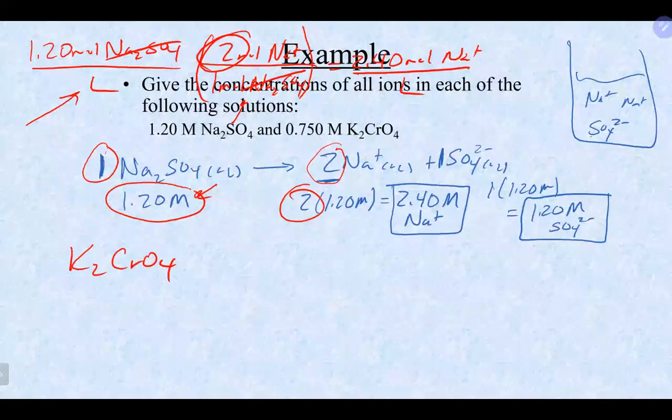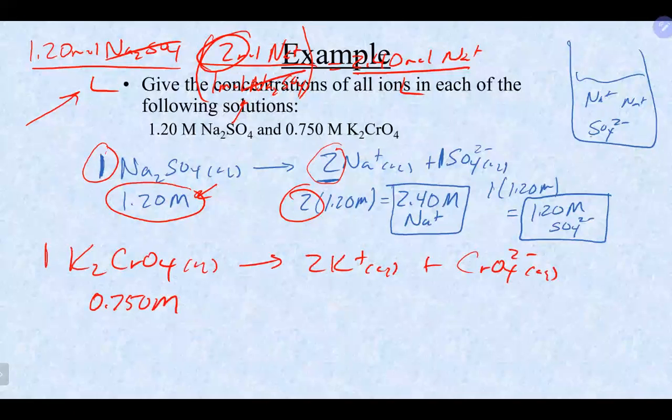K2CrO4. Once again, when this breaks apart, we will get a couple of potassiums and a chromate here. And we'll do the same sort of approach here, since this is 0.75 molar for the whole thing. Once again, for the potassium, it is a 1-to-2 relationship.